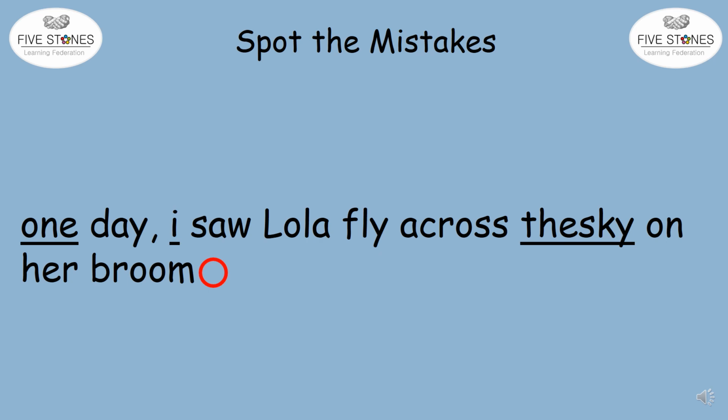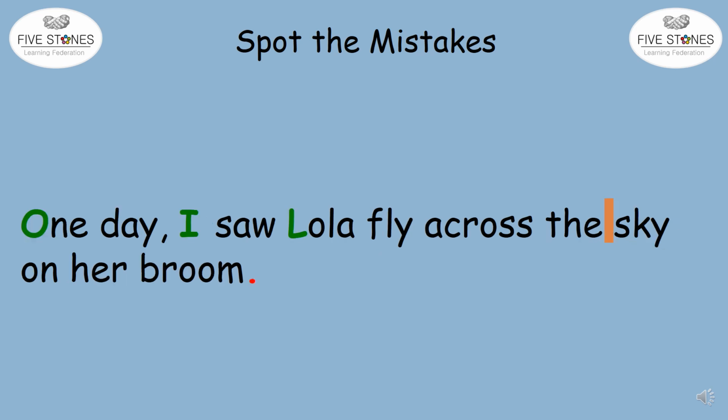Let's correct these. One day I saw Lola fly across the sky on her broom. That is much better. I have all my capital letters, all my finger spaces, and a full stop at the end of my sentence.